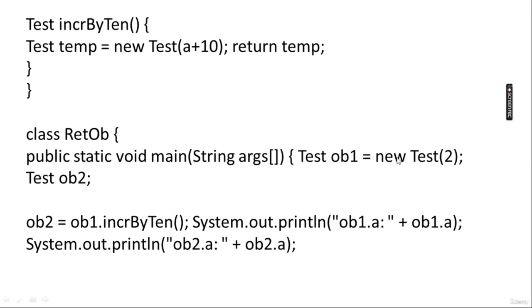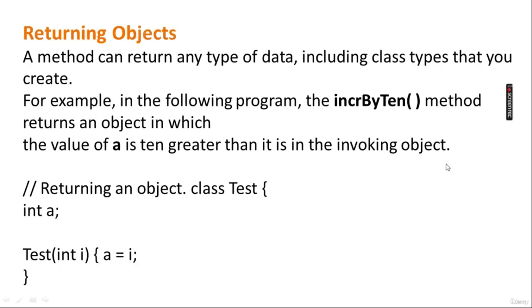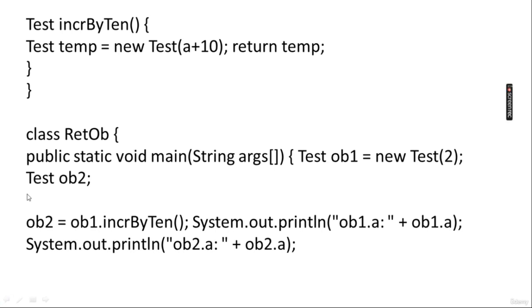So how to call this? Firstly, I create Test object 1 is equal to new Test, passing 2 as a parameter. While I am passing 2, this constructor is called. Then Test object 2 is equal to object 1 dot incrementByTen. So if I increment by 10, 2 will become 12. Now I will print object 1 dot a and object 2 dot a.